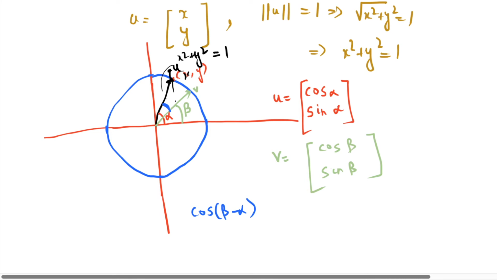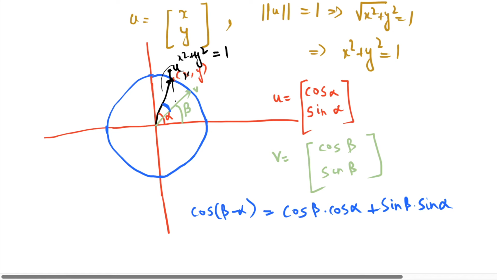So the cosine of the angle between these two vectors, u and v, can be, and I hope you remember your trigonometry, but even if you don't remember, that's fine. So cos of beta minus alpha is cos beta into cos alpha plus sine beta into sine alpha.